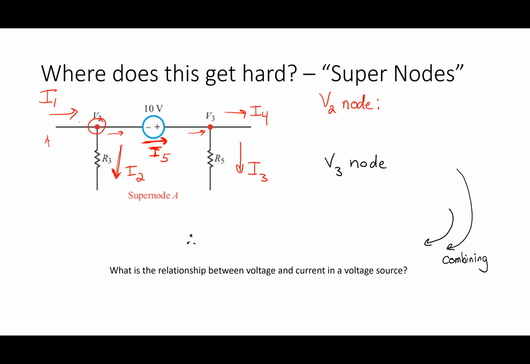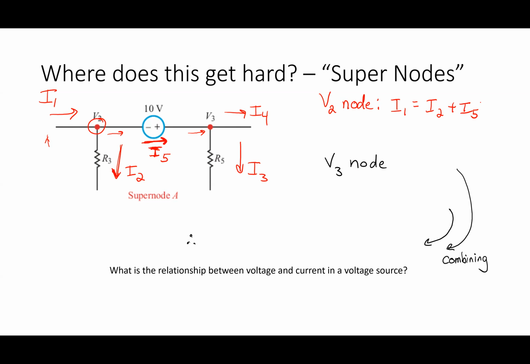I1 is going in. What's going out? I1 equals I2 plus I5.